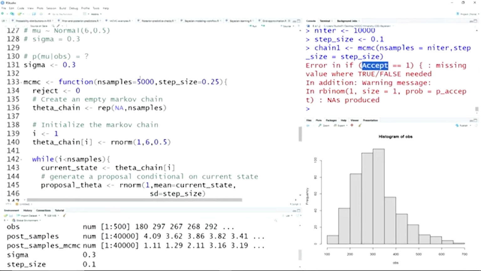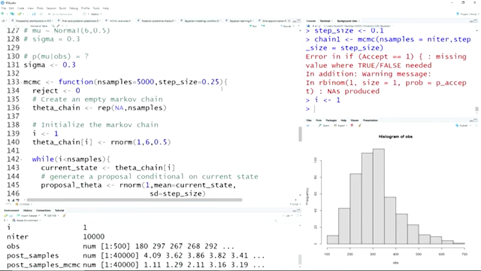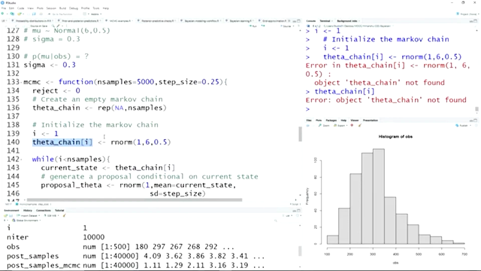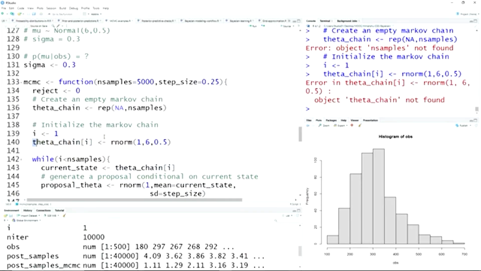Okay, so let us begin step by step. So where is this problem occurring? Okay, so what I will do, I will start with i equals to 1. Okay, so from here i equals to 1. Let us sample the current state of the chain. Let me create an empty theta chain. i equals to 1.